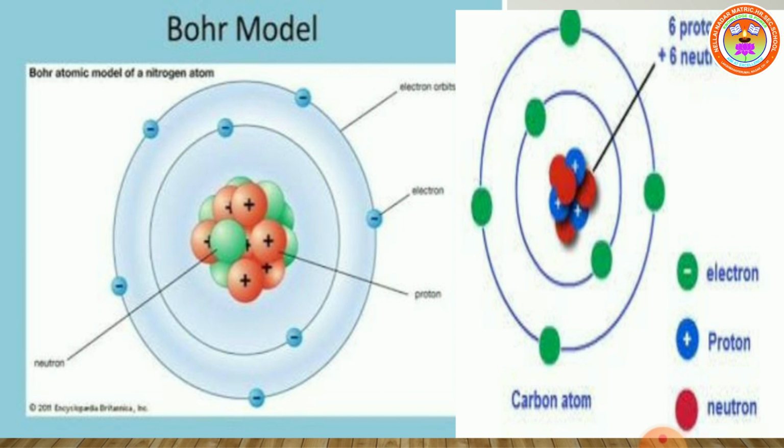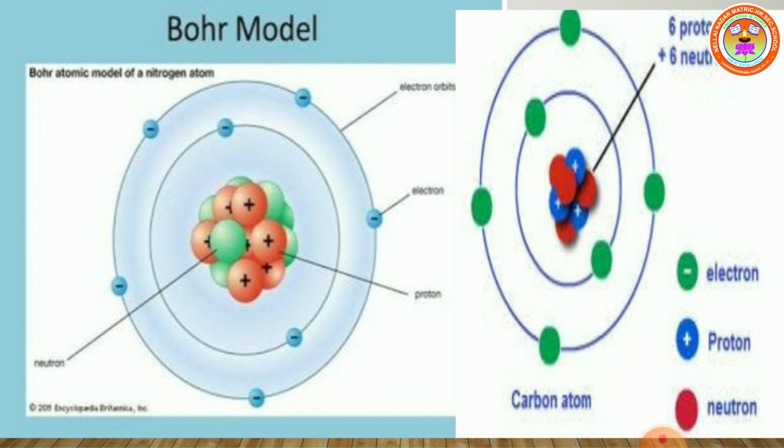Electrons revolve around the nucleus in different paths called orbits.